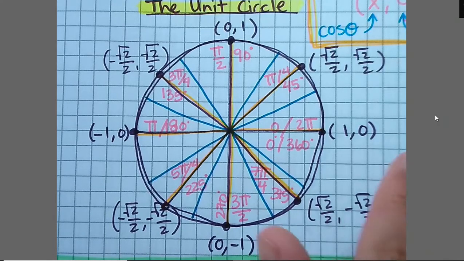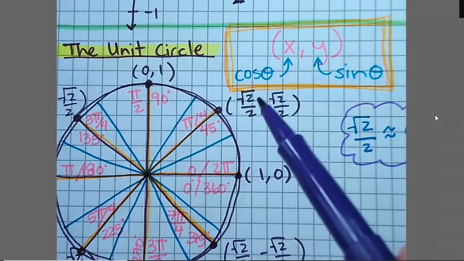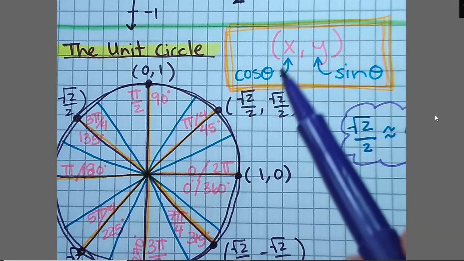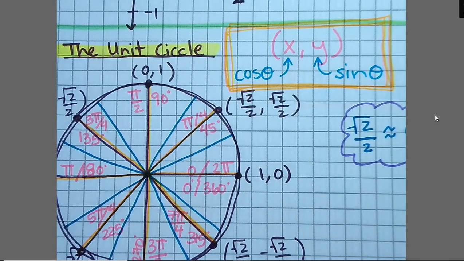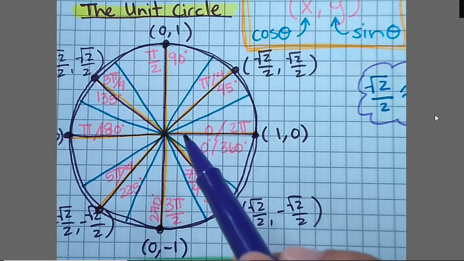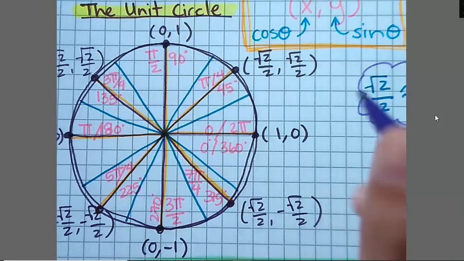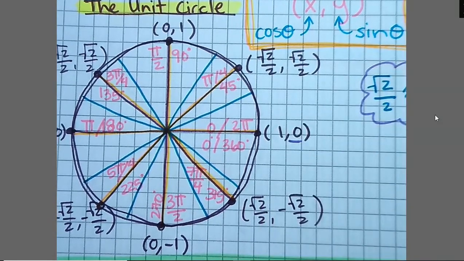So what we're going to do is use the fact that for the unit circle, the x values are cosine and the y values are sine. Starting here at the very beginning at 0 degrees, the y value is our sine. So at 0 degrees, that's our start, sine is at 0. This is our y value that we're looking at.